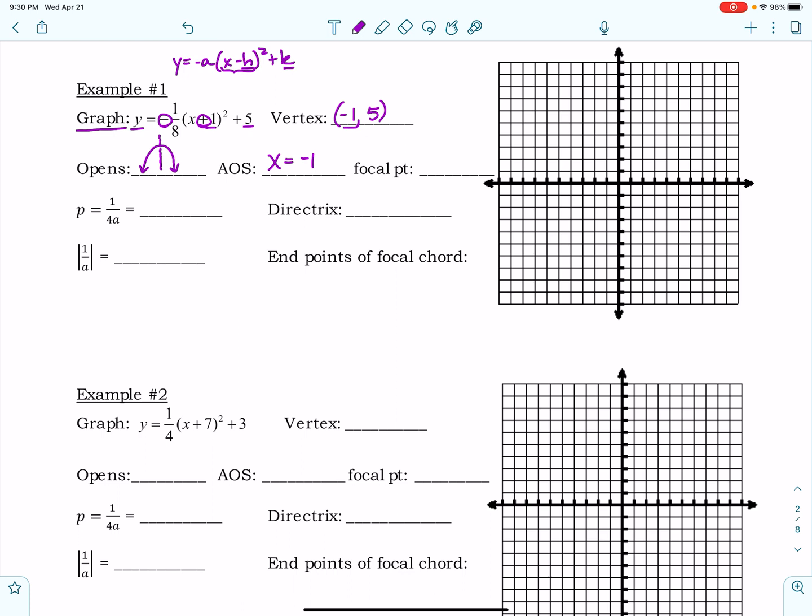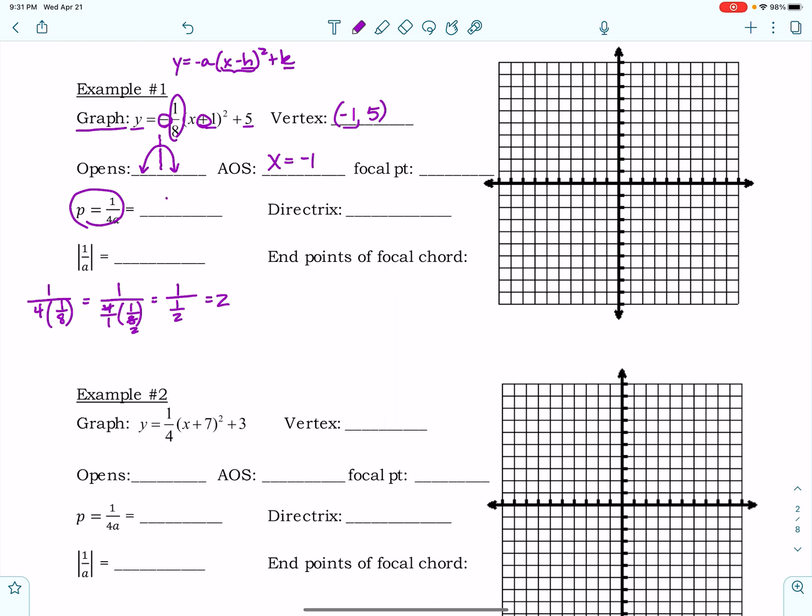All right, the next thing we're going to do is figure out what P is. Well, P is 1/4 times A. A is 1/8, and we just use the absolute value of it. The negative just tells us how the parabola opens. So we have 1/4 divided by 1/8. We can reduce here, and we end up with 1/1/2, which gives me a 2.